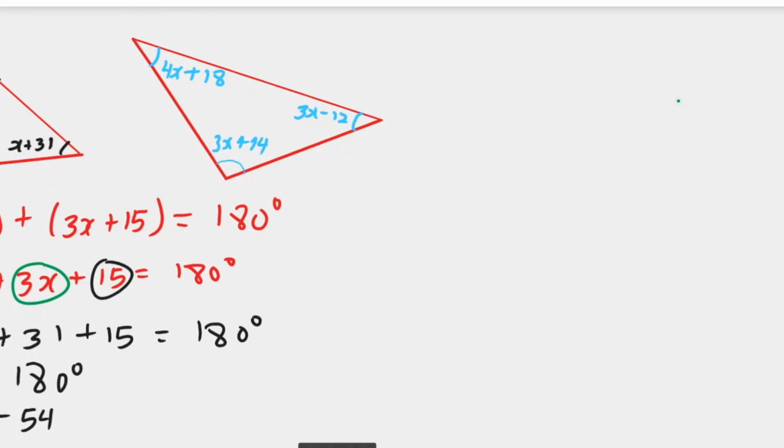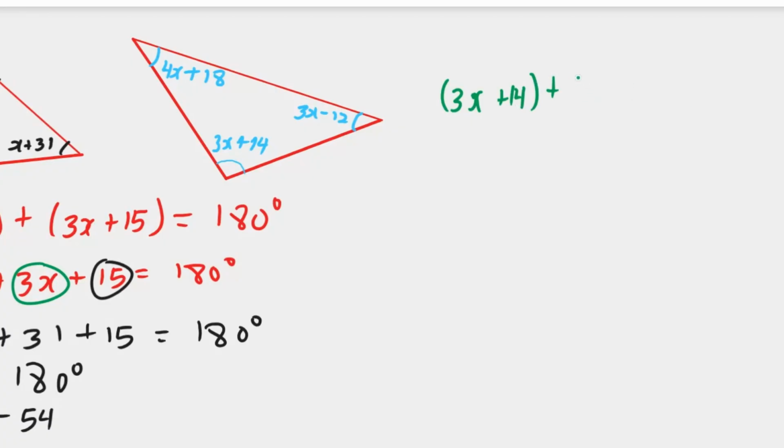Okay, so let's move on to the next question. So this is the next diagram, very similar to the second question. So let's see how we're going to solve this one. So let's take the first angle. I want to take this one first. So that's going to be 3x plus 14.